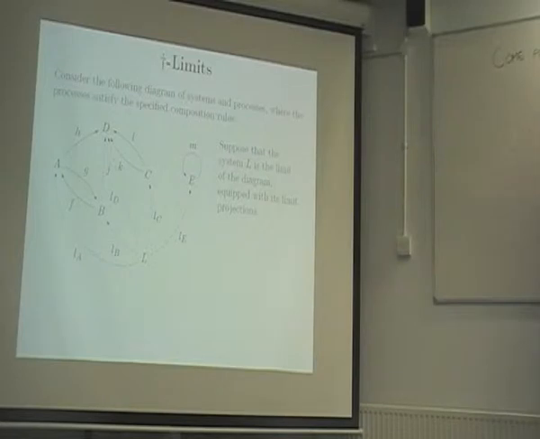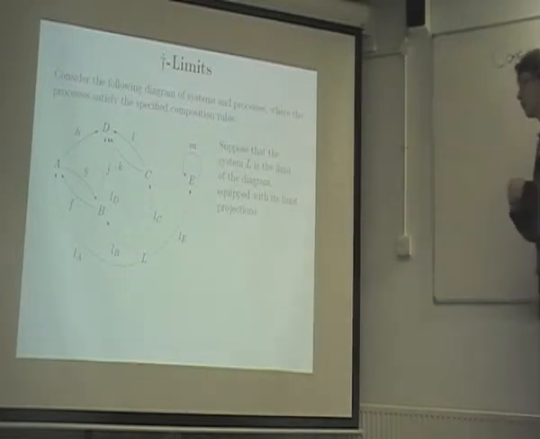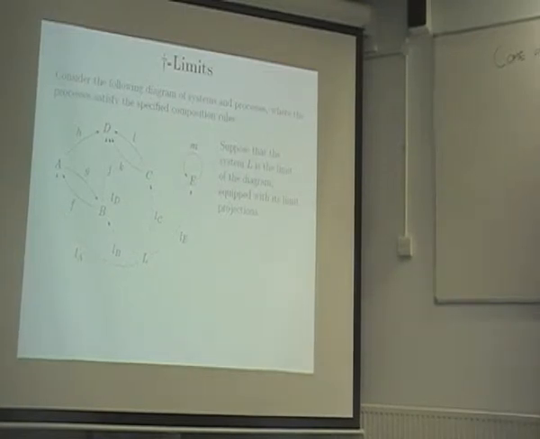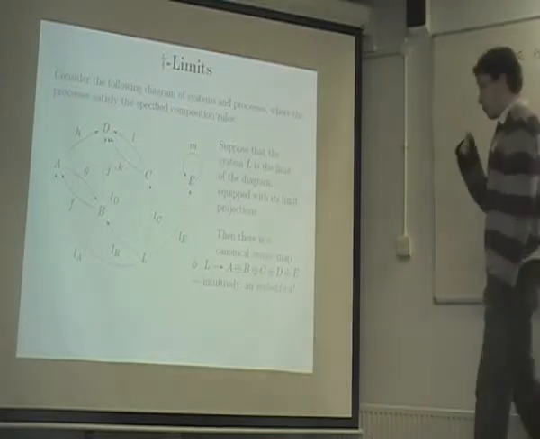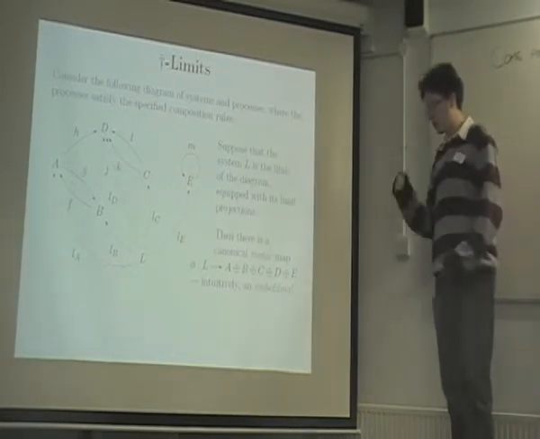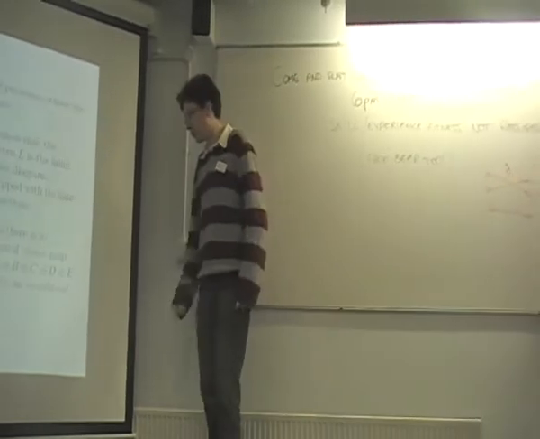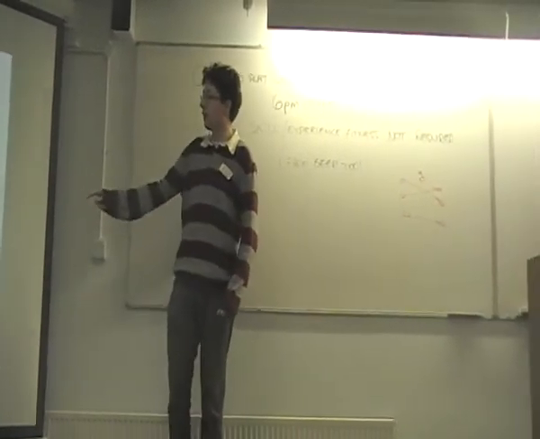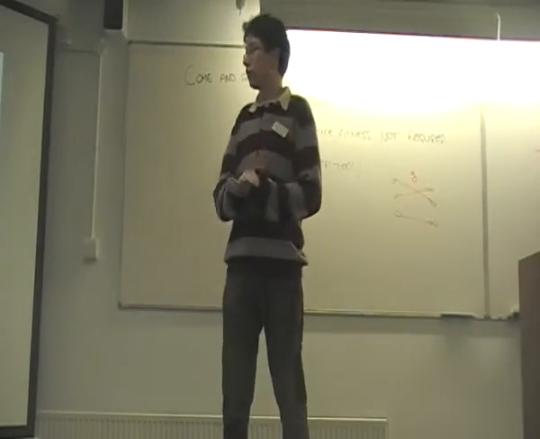Okay, I'm sure most of us are familiar with what a limit is in a category. So I'm going to let this object L be the limit. Now, the interesting thing to notice is that there's a canonical map that goes from L to the direct sum of A and B and C and D and E. That's because of what I was just talking about.